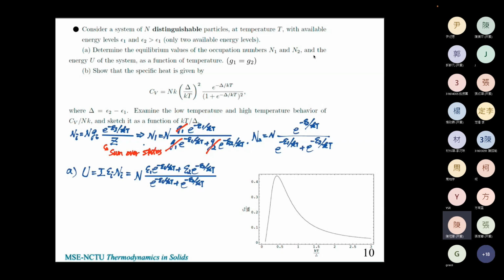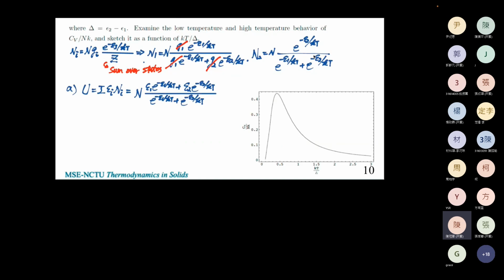Then, next, show that the specific heat is given by CV equal to this. And they use delta. If we use delta, we can also apply it to the first one.